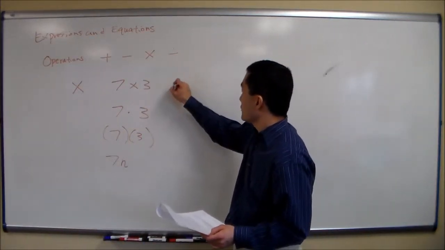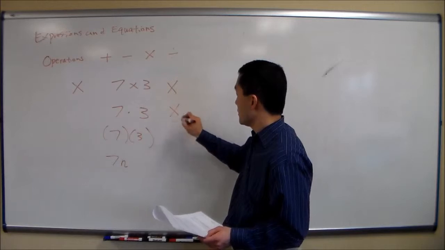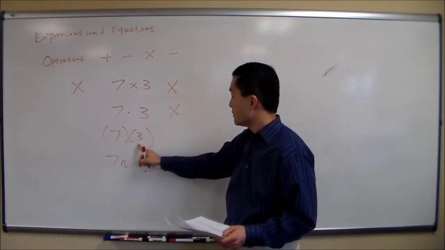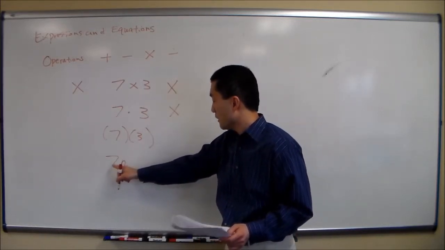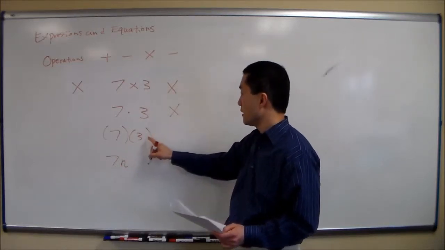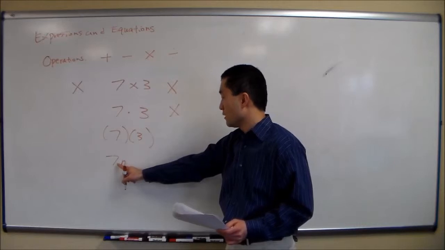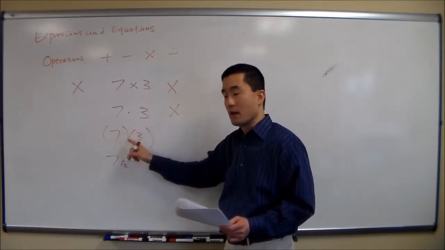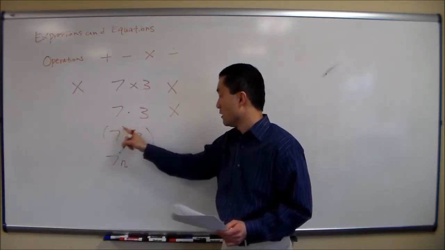We will not be using this or this, but we'll be using parentheses, and if there's nothing between a number and a variable, that's implied multiplication. So we're going to use parentheses and nothing in between. Whenever you see parentheses, remember that it's almost always likely to be multiplication.